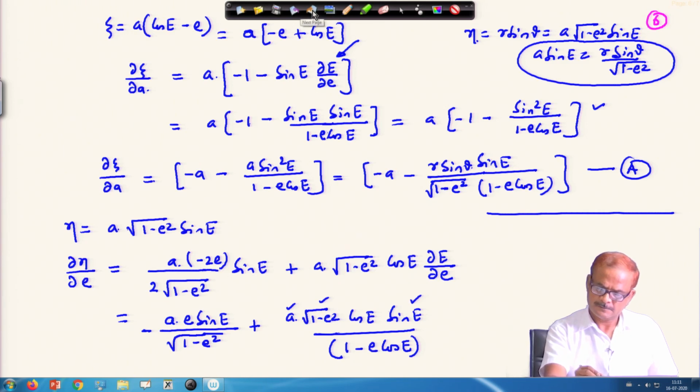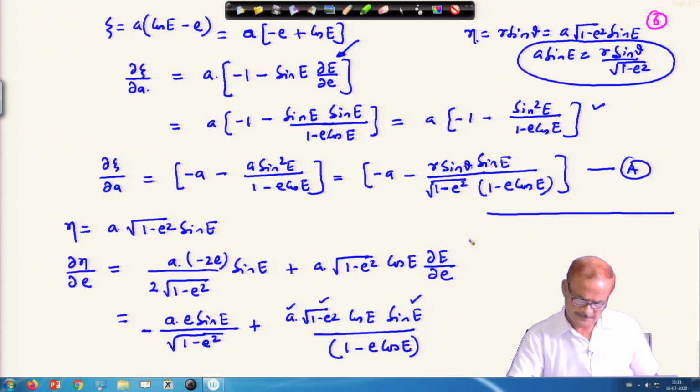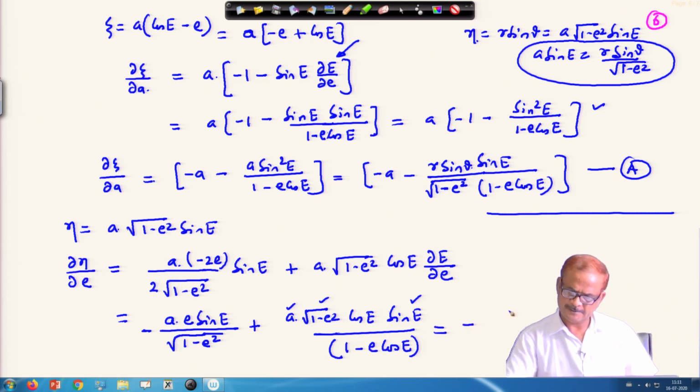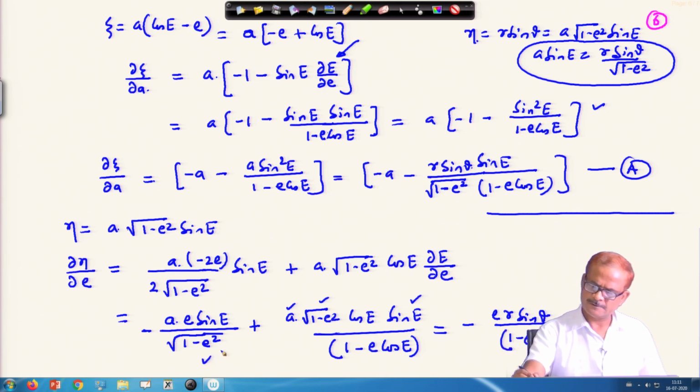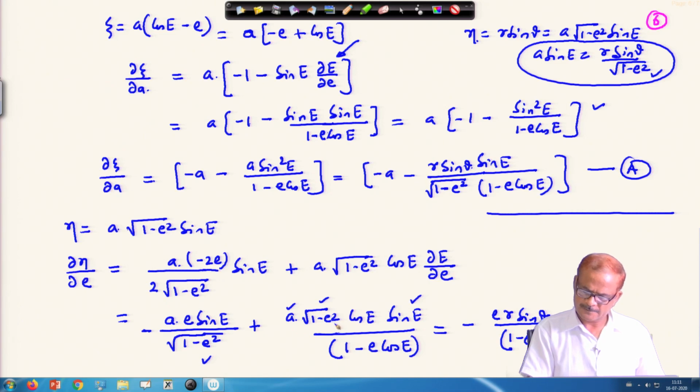So, the first term then gets reduced to, let me do it here itself, it will be convenient for me to work out. Minus A sin E is r sin theta divided by the square root of 1 minus E square. So, r sin theta, A we have taken, this is E r, and then 1 minus E square is already there, and this makes it 1 minus E square here, and plus this part, A times square root of 1 minus E square sin E from this place, this is r sin theta.